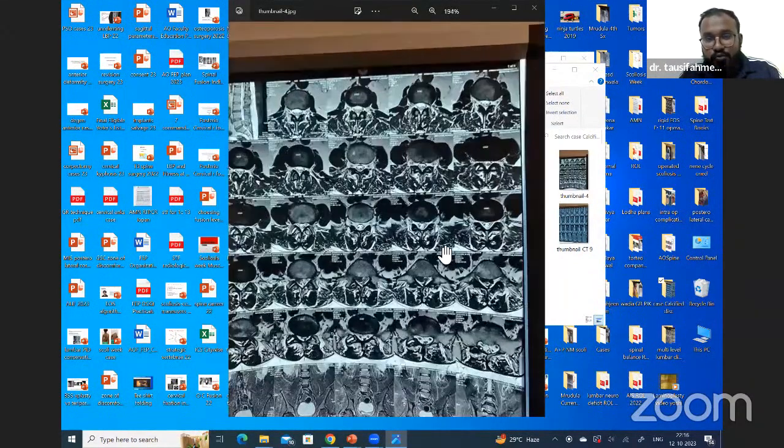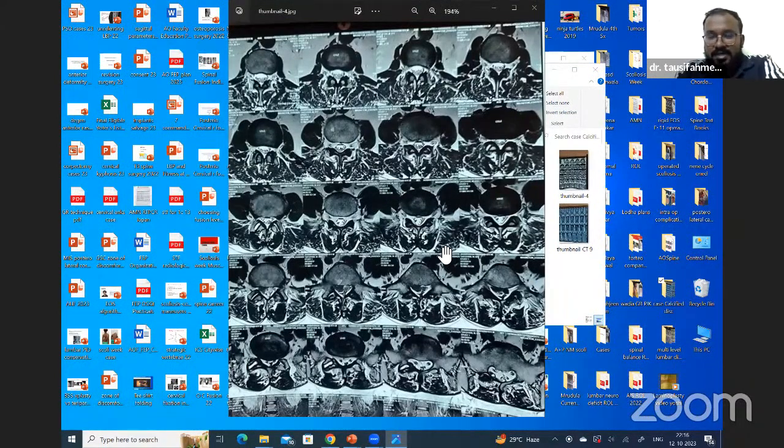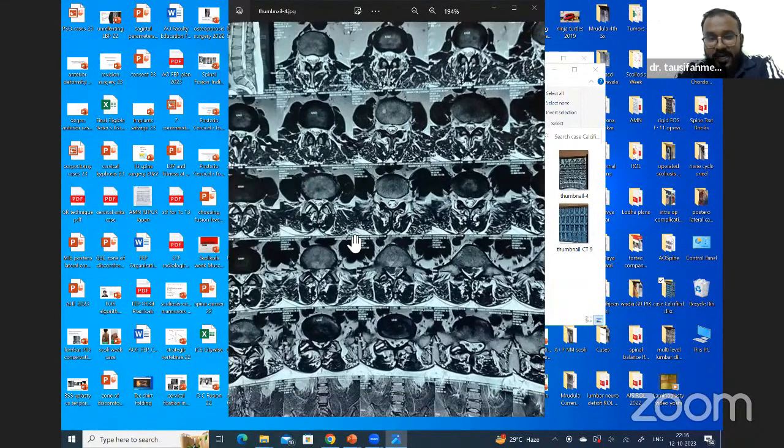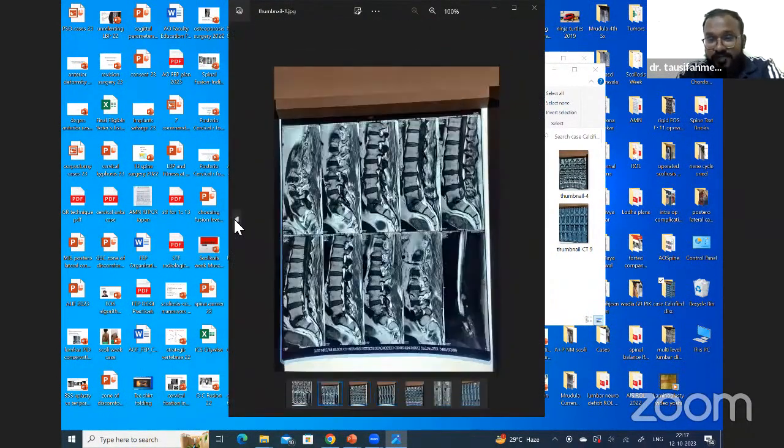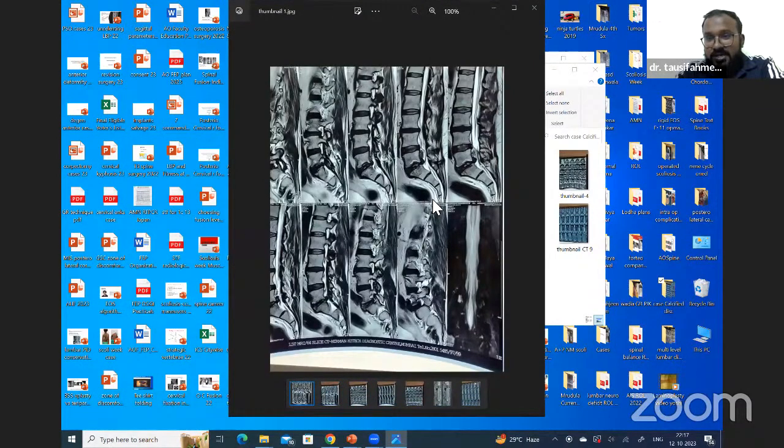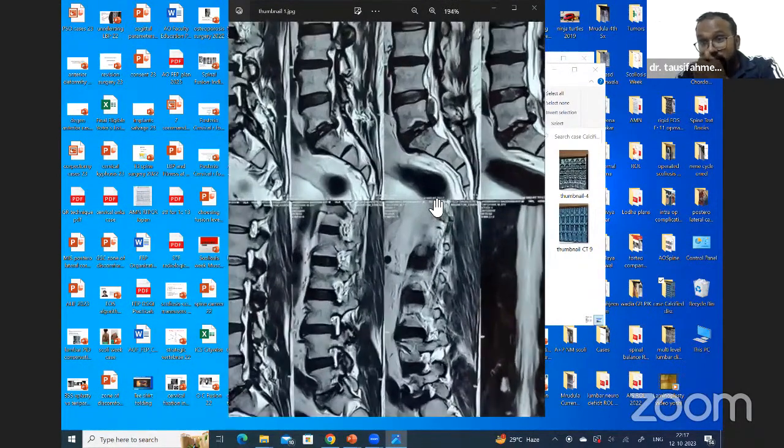The T2 weighted MRI also shows Modic changes at the L5S1 joint. And if I look at the facet orientation of L5S1, there is, of course, facet tropism.